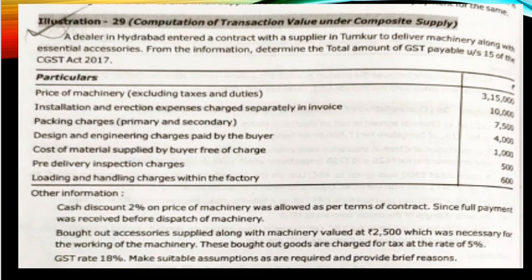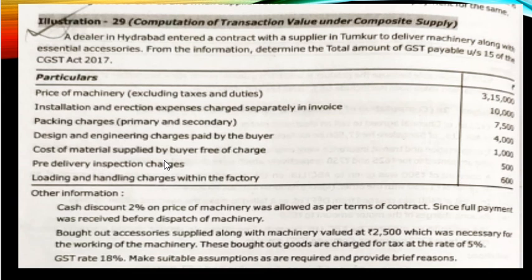Next, installation and erection expenses charged separately in invoice is 10,000. So these are the expenses which are to be added with the price of machinery. So now what is the price of machinery? 3,15,000. With that we will add installation expenses 10,000, packing charges both for primary and secondary goods which is 7,500. Then design and engineering charges paid by the buyer, so that is also an expense which is incurred, 4,000. Cost of material supplied by buyer free of charge 1,000.